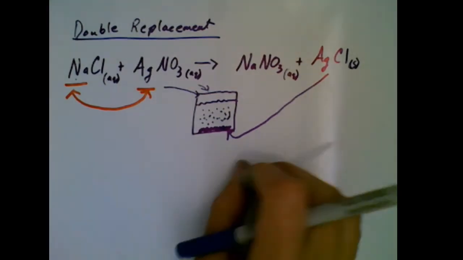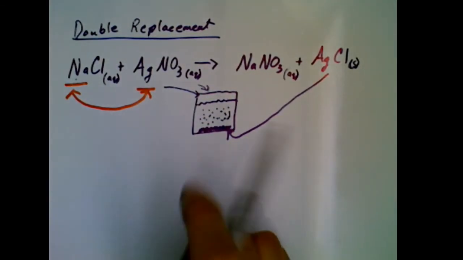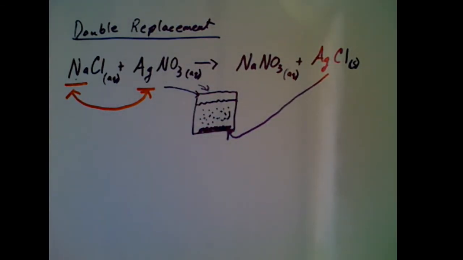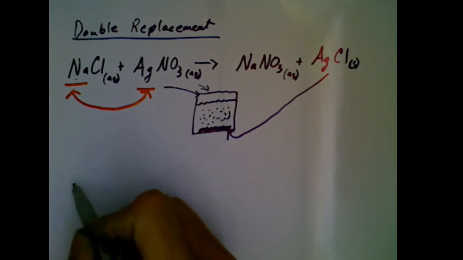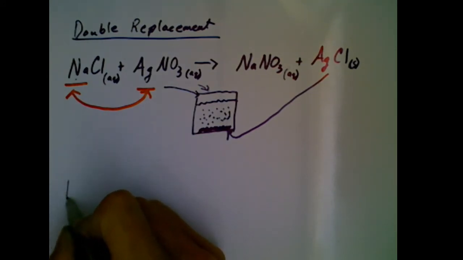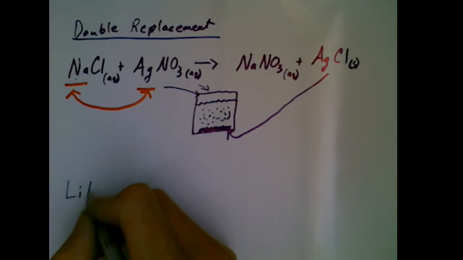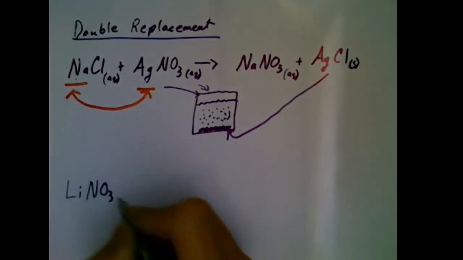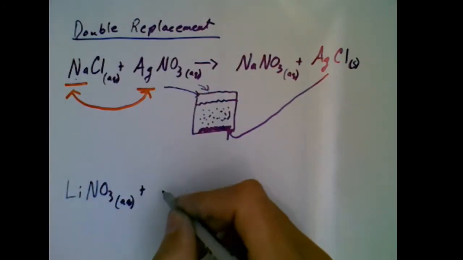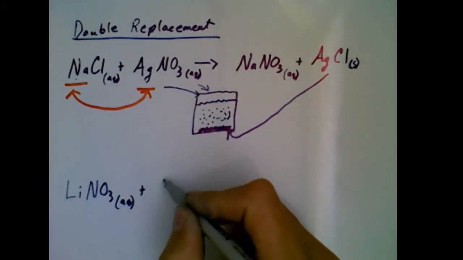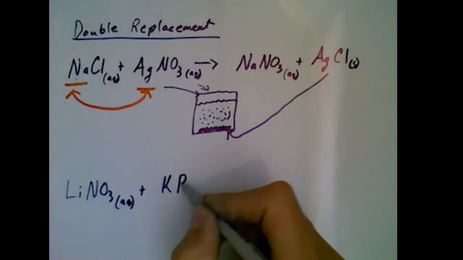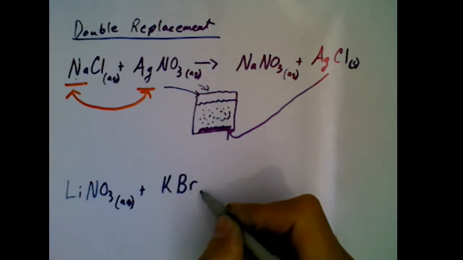So I think now would be a good time where we actually take a look at an example like that. So in this example, we're going to take LiNO3, so lithium nitrate. It's going to be aqueous because it's going to try and react with potassium bromide, KBr.